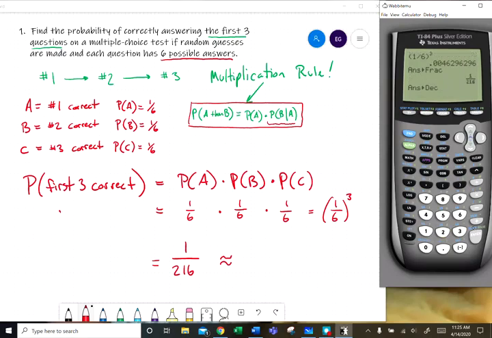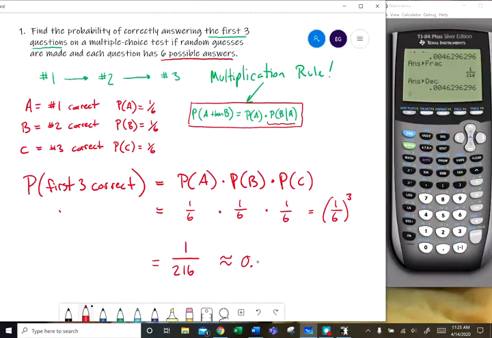That's option 2, change the answer to a decimal. And that's about 0.00463, using 3 significant digits.